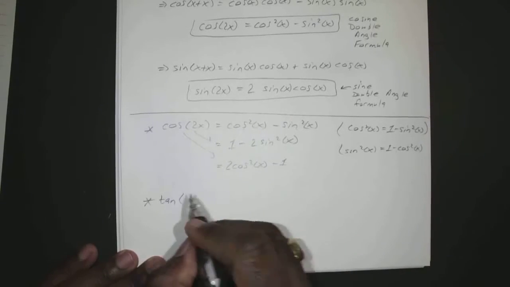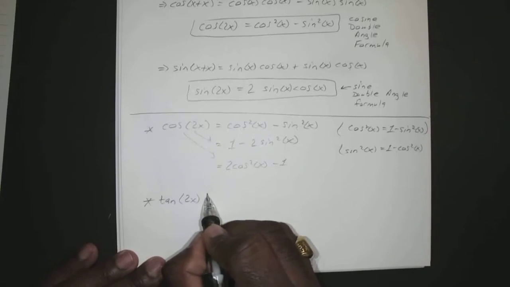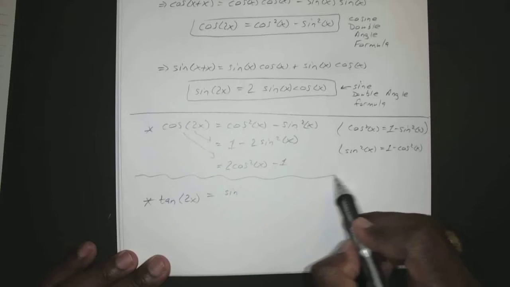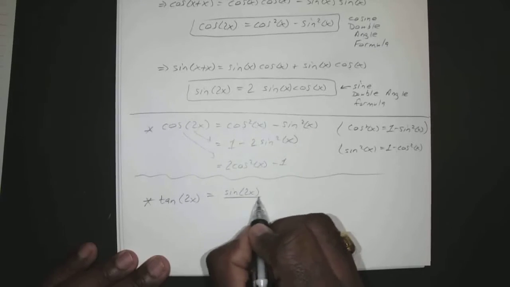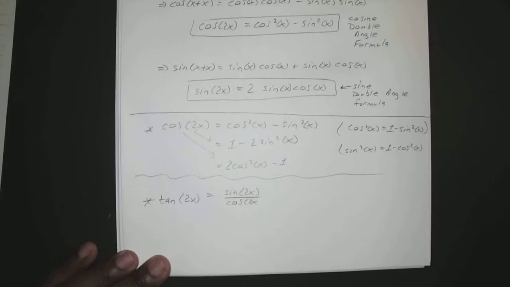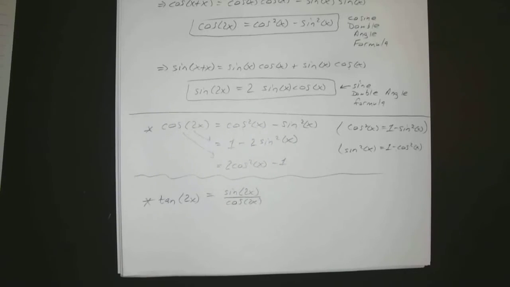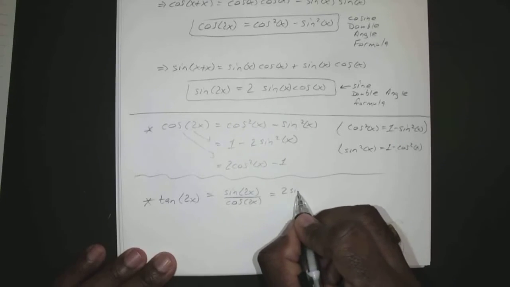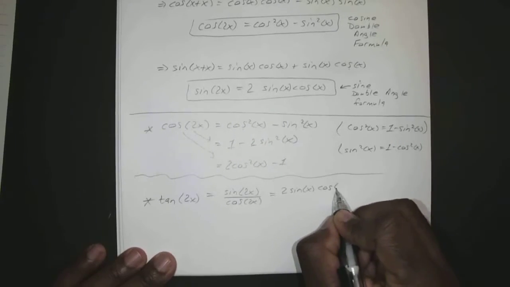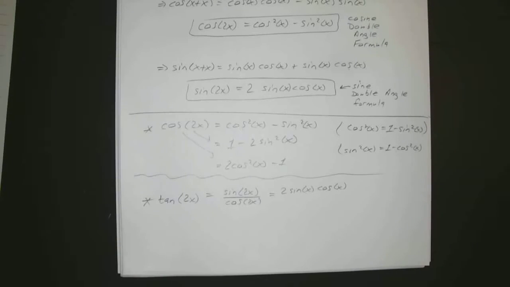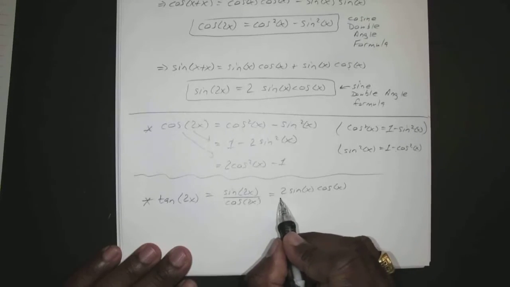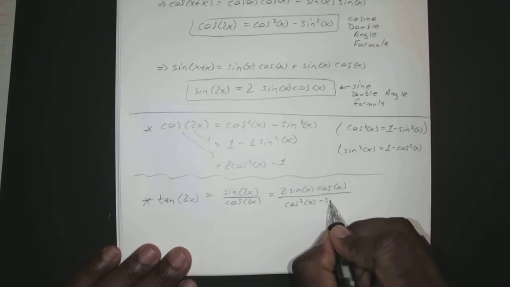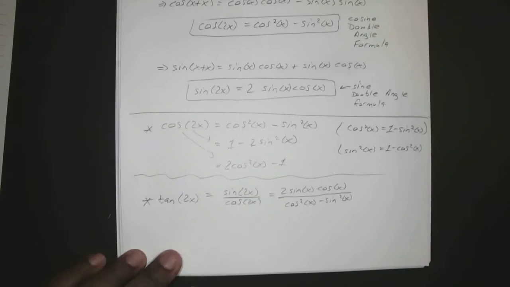Now our tangent double angle formula, remember that's just sine of 2x over cosine of 2x. Okay. Now our sine of 2x is 2 sine of x cosine of x, and our cosine is cosine squared of x minus sine squared of x.